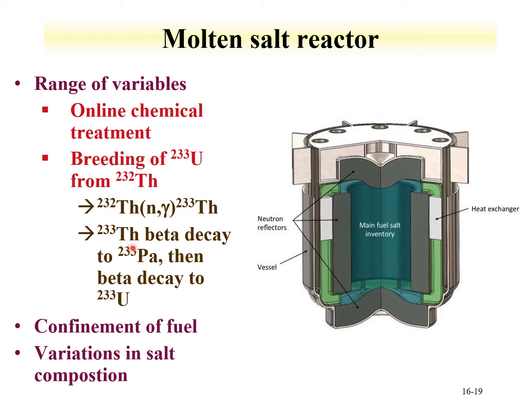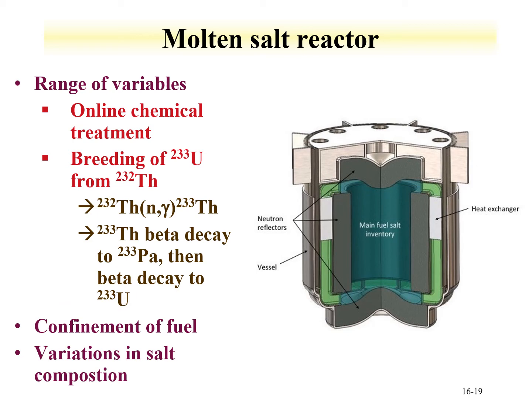That thorium-233 undergoes beta decay to protactinium-233, and then that protactinium-233 decays to uranium-233. This system often uses chemistry to isolate the protactinium, allow the protactinium to decay, producing the uranium-233, and then that can be added back to the reactor.